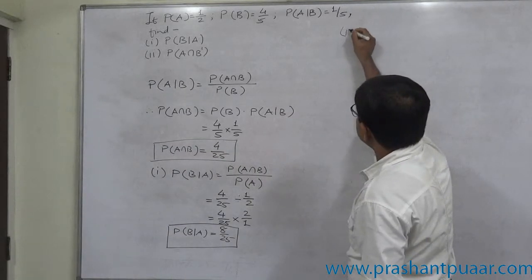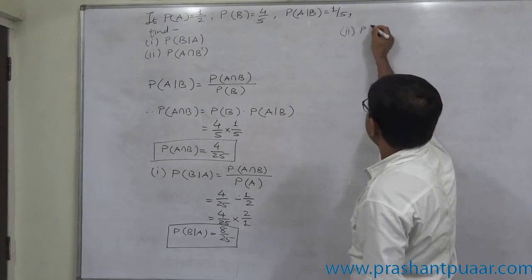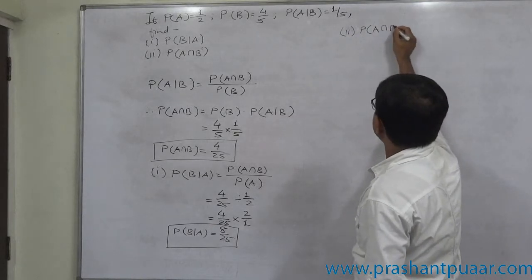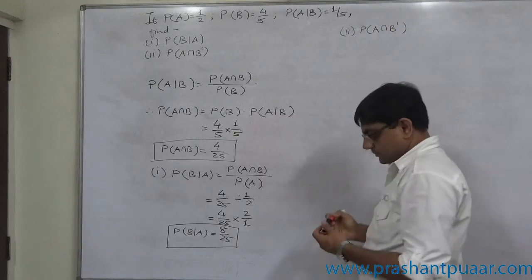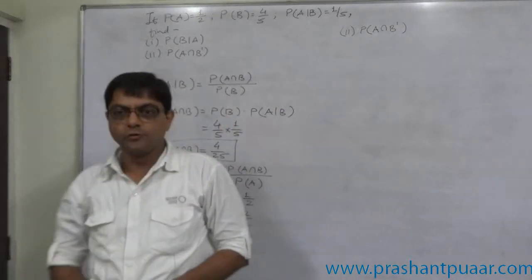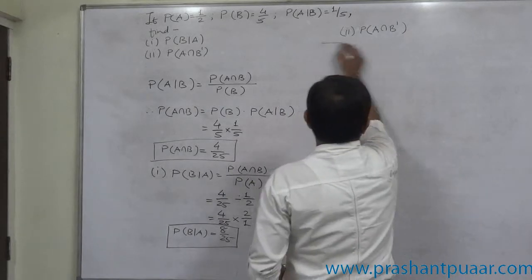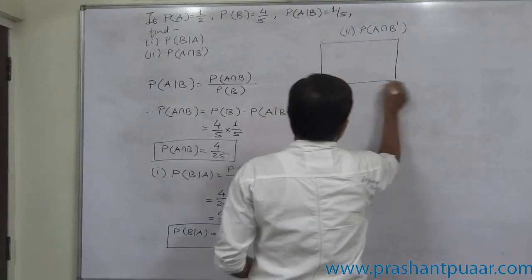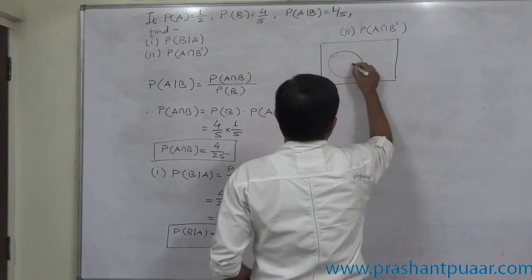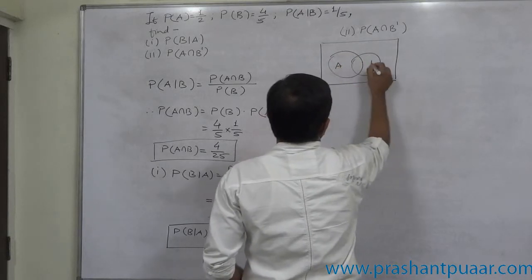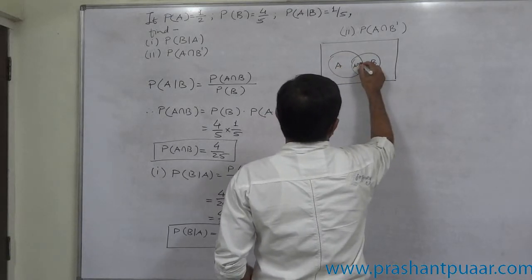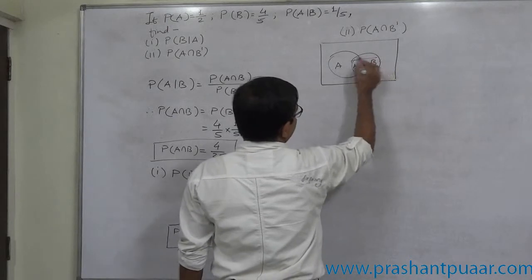And number 2 is the probability of A intersection B complement. Once again, at least the third or fourth time we are going to calculate this probability. Again we are going to use the Venn diagram: A, B, A intersection B. Now we want B complement.